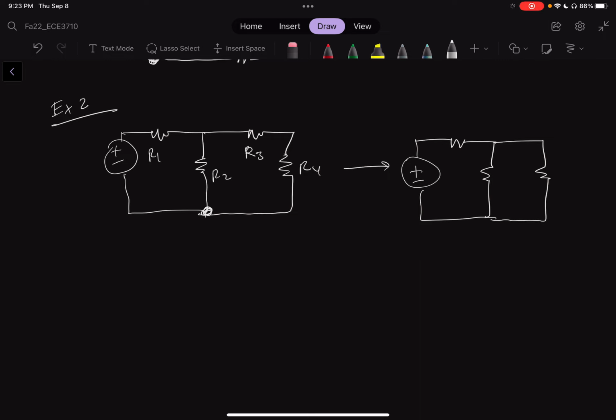So you can definitely simplify the circuit on the left to the circuit on the right. Okay? And then you could solve for currents. That's what I'm just trying to show here.